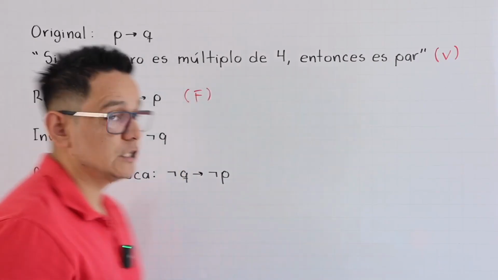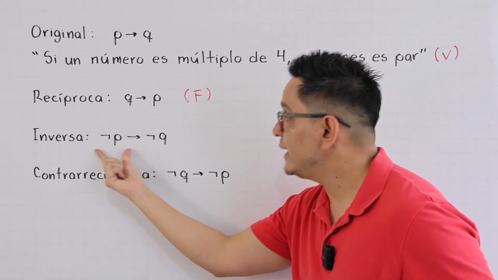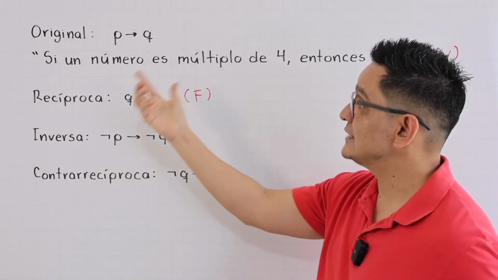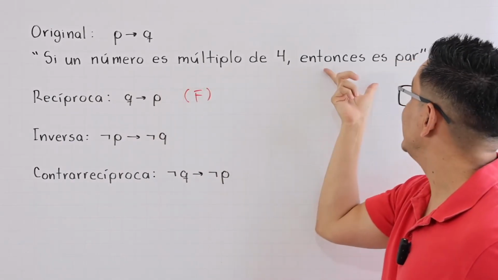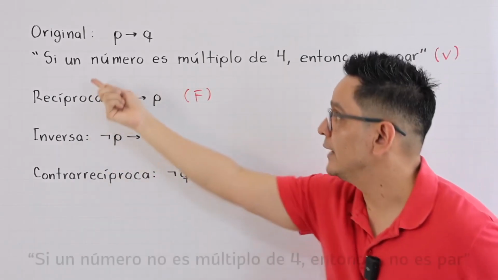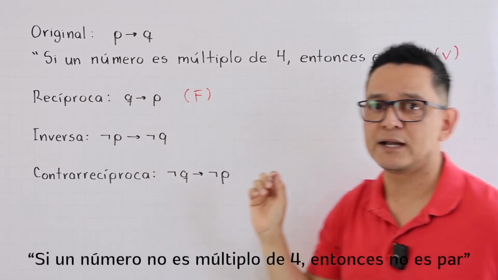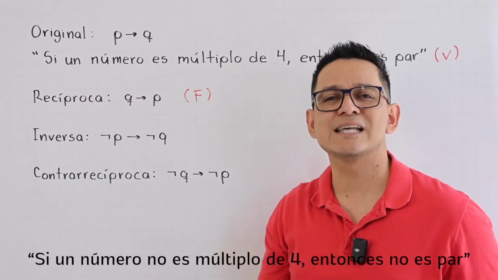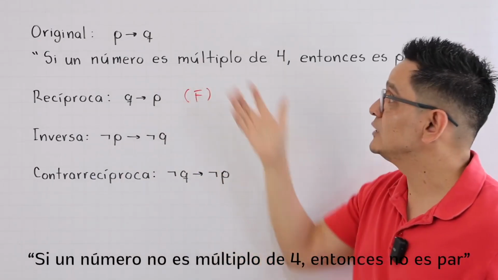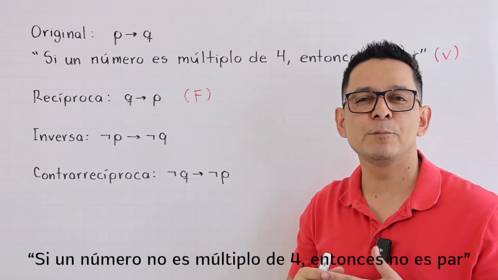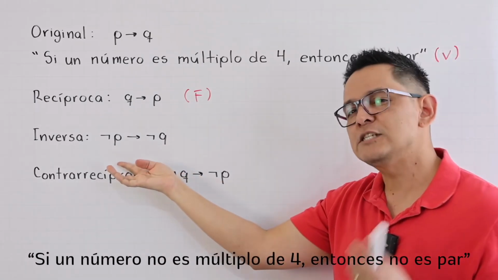Done. Let's continue. Let's go with the inverse. It says, if not P, then not Q. In this case, it would be, if a number is not a multiple of 4, then it is not even. Let's think about the truth value of this proposition. For this, let's take a number that is not a multiple of 4, for example, the number 10. The number 10 is not a multiple of 4, but is it even or not even?